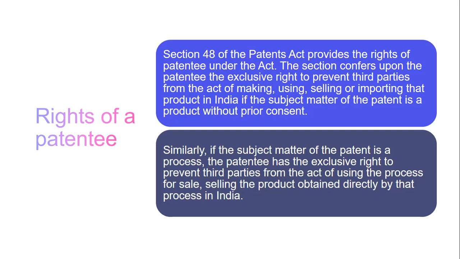So the crux is that without the consent of the patentee, if you are making, using, selling, or importing the product, or you are using the process or selling the product obtained from that process, then you are infringing the patent rights. If you have the consent, then you're not doing any infringement. So I hope we are clear here, and if we have any questions on this slide.